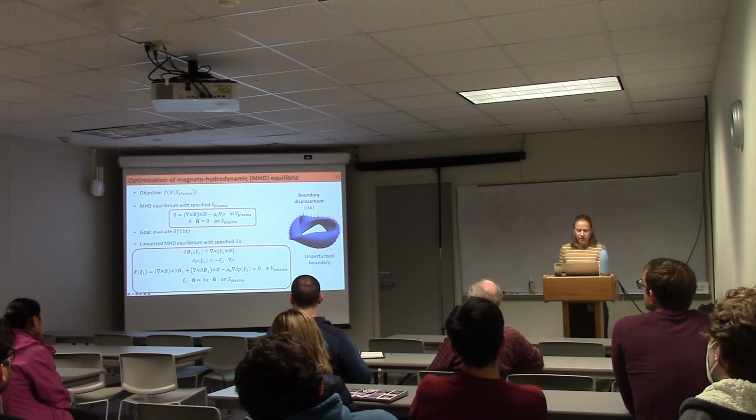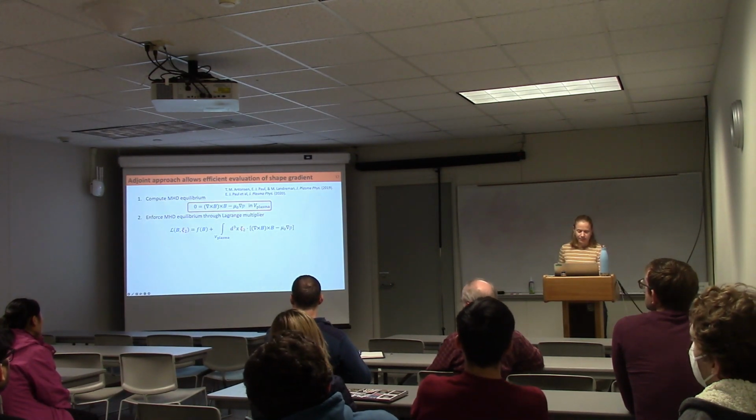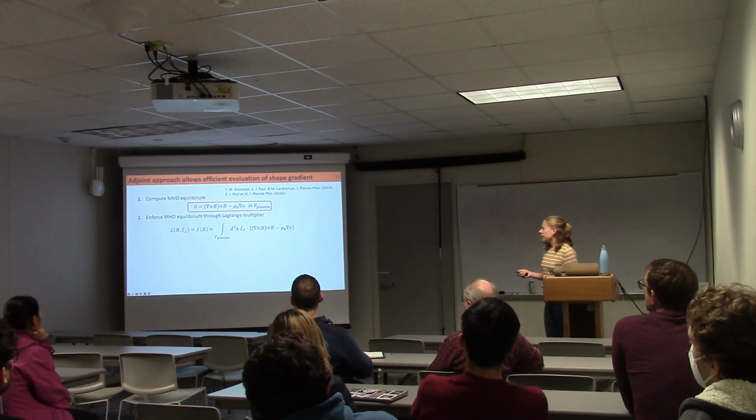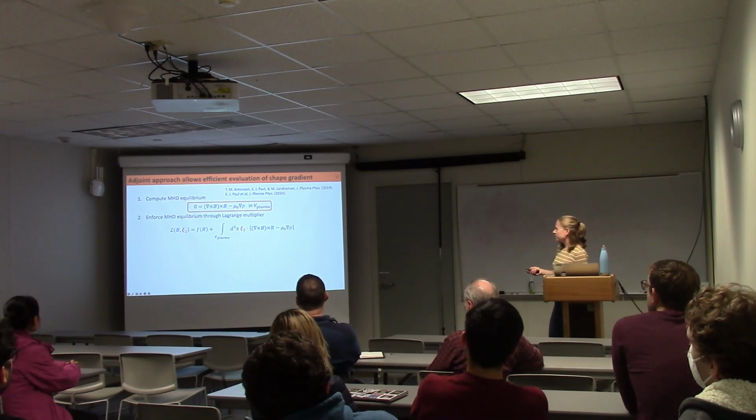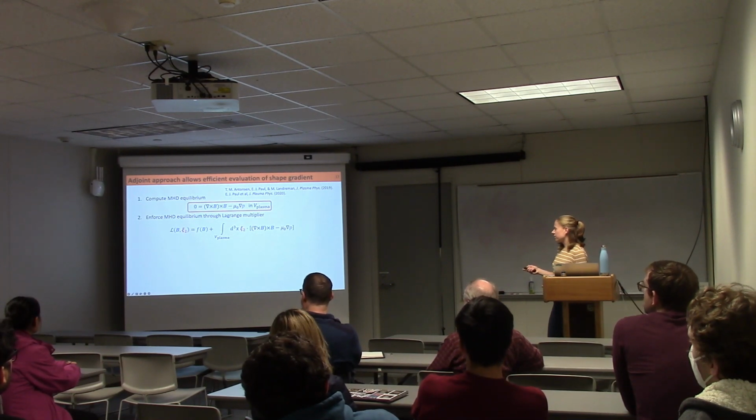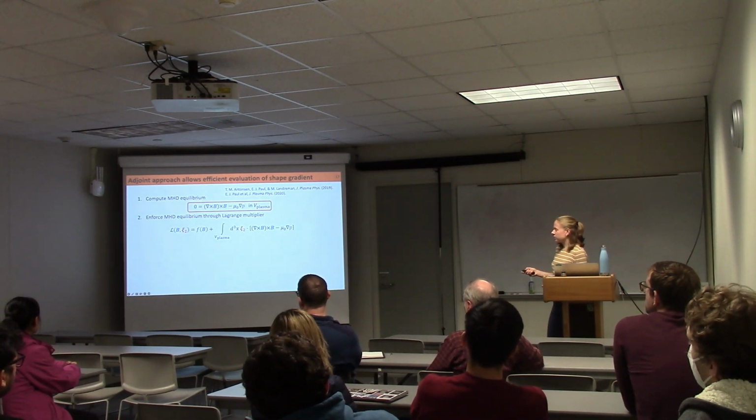So we want to avoid doing that by instead specifying an adjoint problem. For the adjoint problem, we want to first solve the equilibrium: curl of B cross B minus mu naught grad P is equal to 0. And then enforce the MHD equilibrium throughout the optimization using a Lagrange multiplier.